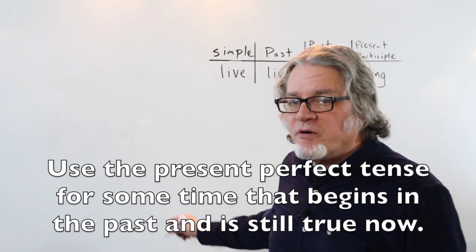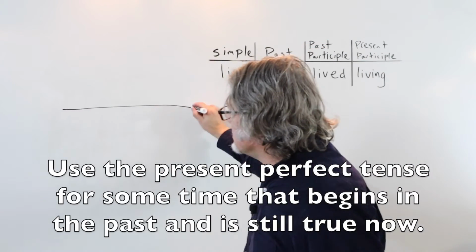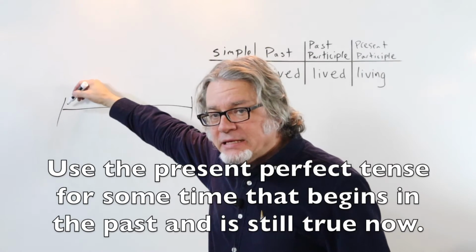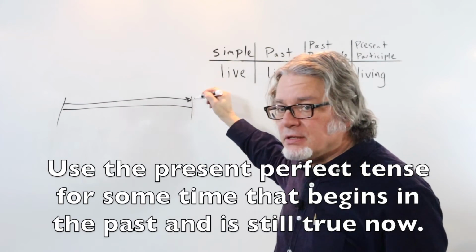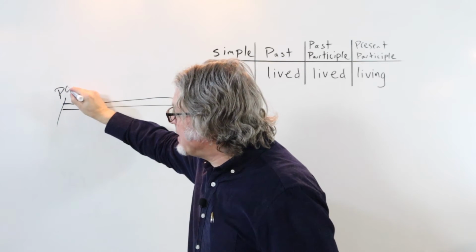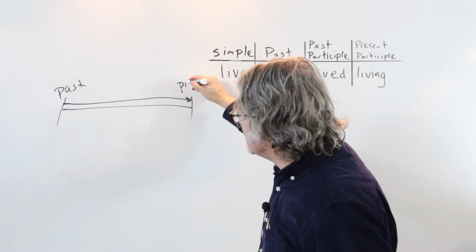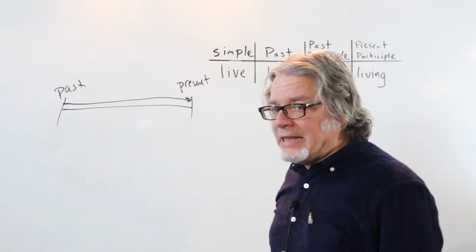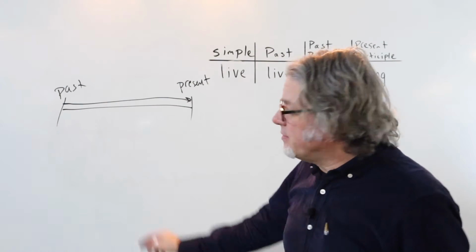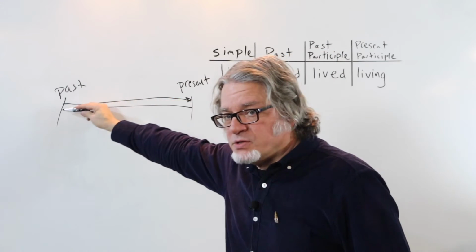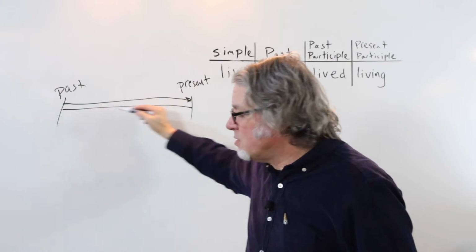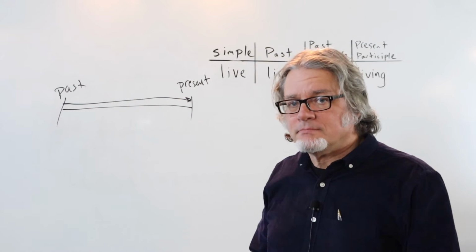Use the present perfect tense for some time that begins in the past and is still true now. This is the past and this is now. The present perfect tense is between these two places in time.